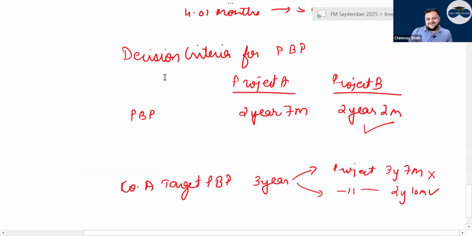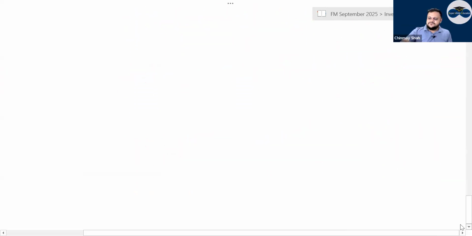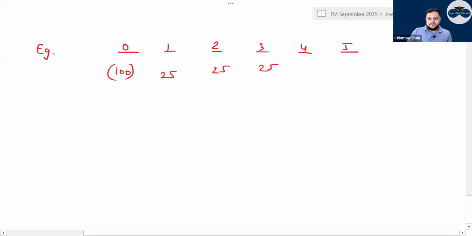Now, right, draw the table, payback period, do it. One minute, before you draw the table, one minute, an example, write down an example, right? 0 1 2 3 4 5, right? Initial investment 100, correct? And you are receiving 25, 25, 25, 25, 25 every year.